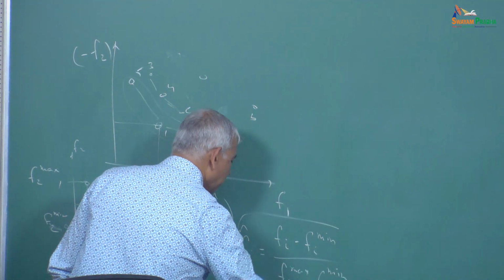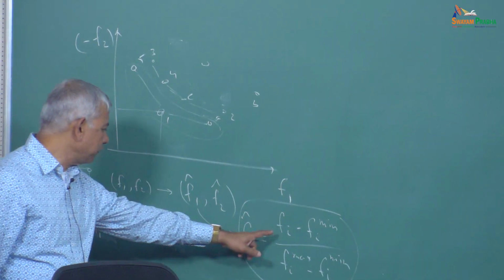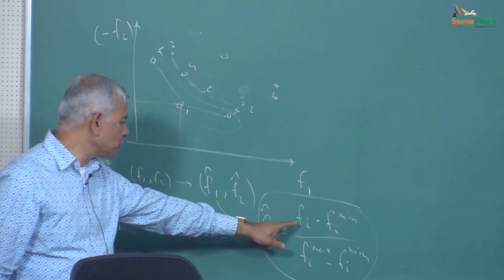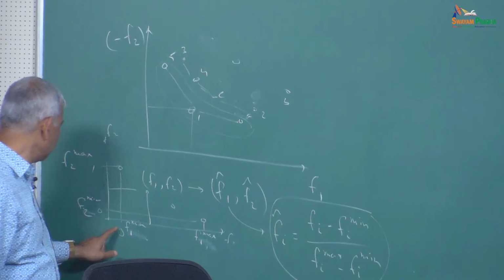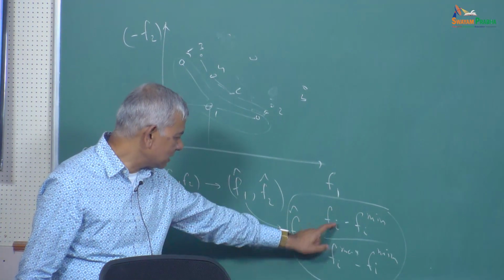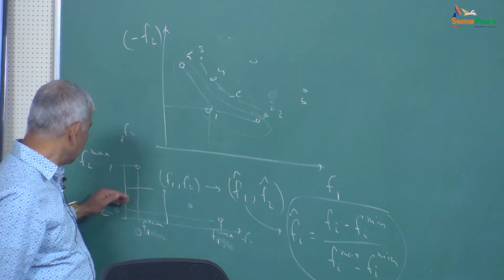This is the way you normalize. If you put f1 min here, you get 0. If you put f1 max here, then the numerator cancels the denominator and you get 1. The same thing applies for f2.